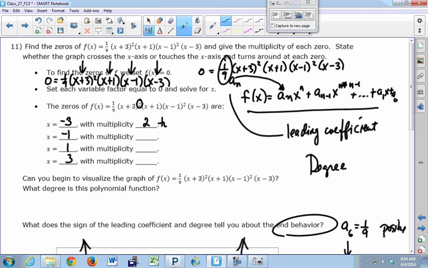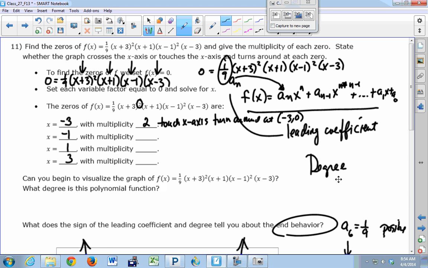That tells me I'm just going to touch the x-axis and turn around at the point -3, 0. At that x-intercept, I'm going to come down, touch it, and then head right back up. It's a turning point. Let's look at the multiplicity for the zero at -1.